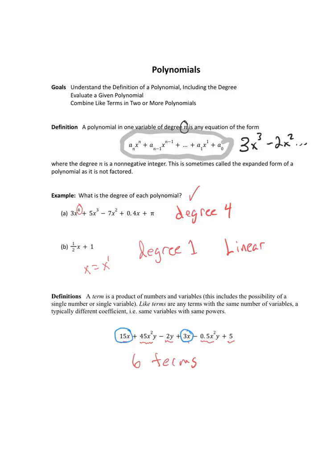The y, there are no other ones like that. But here you see the x squared y and x squared y. So those are like terms. And then the negative 2y doesn't match up with anything, and the 5 doesn't match up with anything. So we'll see some examples where we combine like terms. Just to highlight, like terms means the same variables with the same powers.